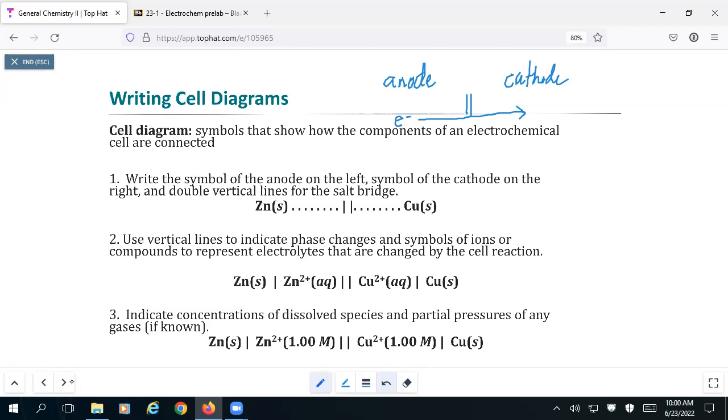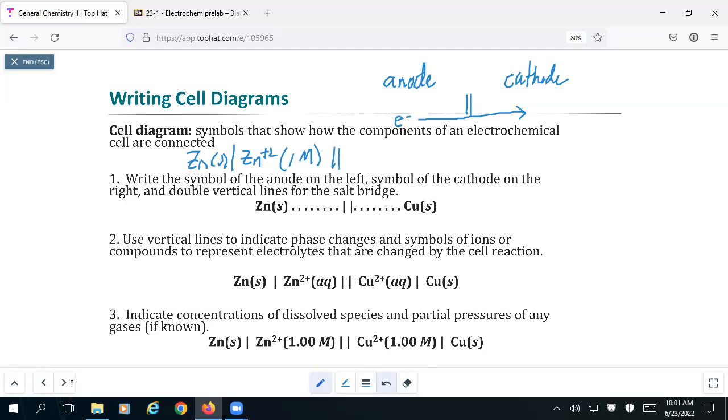If I were drawing this out myself, telling the story, I'd say, okay, we're starting with a zinc electrode as the anode, and it is in a solution of zinc ions. And since this is a standard cell, it would be 1 molar. So there's my anode.